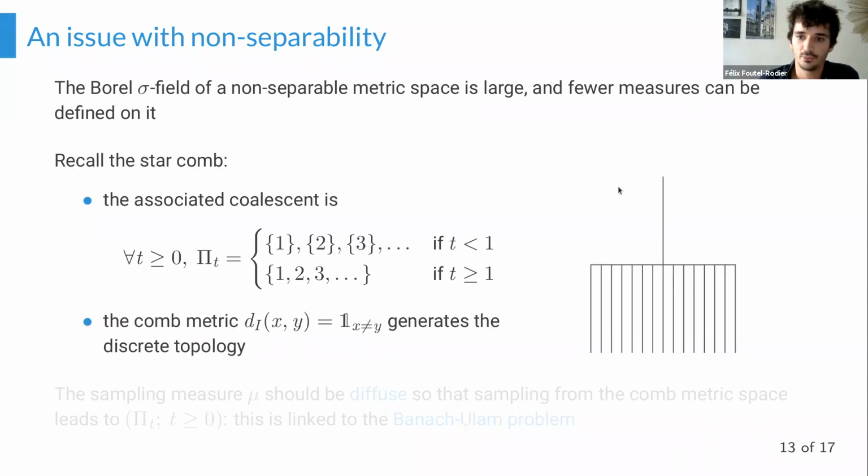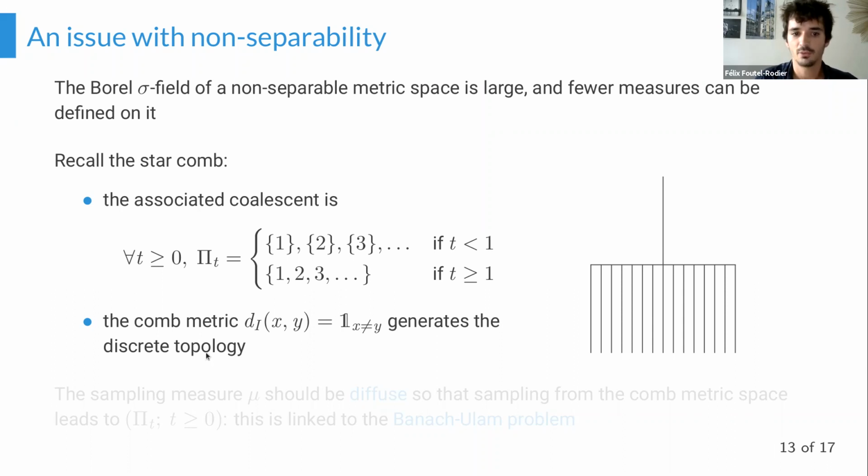Okay, so being a bit more precise, I'm going to come back to the example of the star comb. This was the comb associated to the star tree. First of all, it's not hard to see that the associated coalescent is quite trivial. Before time 1, every integer is in a singleton block. And after time 1, everyone merges into a single block containing all the integers. On the other hand, we know that the comb metric is this trivial distance, and that this generates the discrete topology.